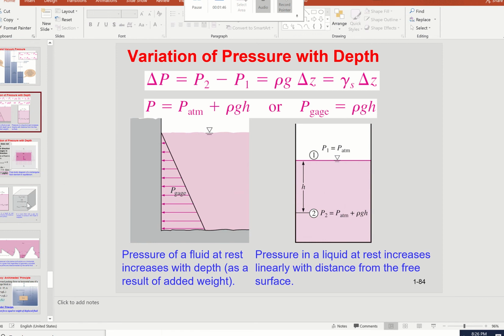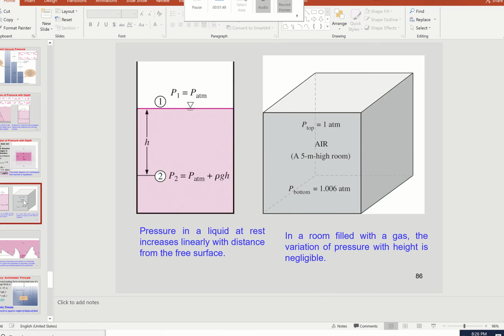All right. Now let's look at something like this. We discussed that the pressure in a liquid increases with distance. However, if it's not a liquid, if it's a gas, if it's a room filled with gas, this variation of pressure with height is going to be negligible.